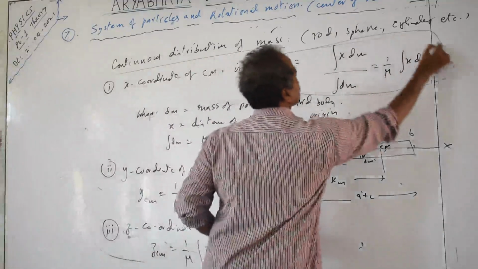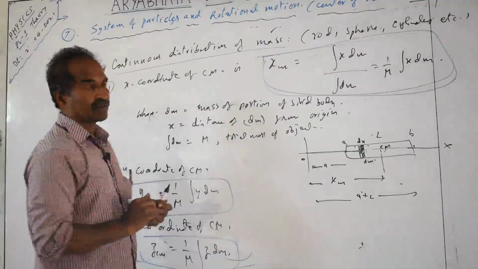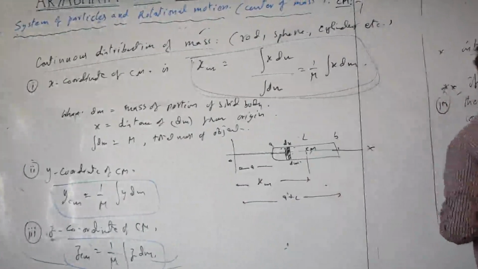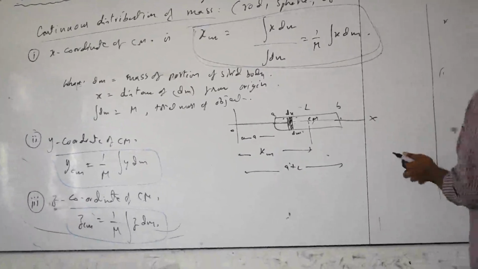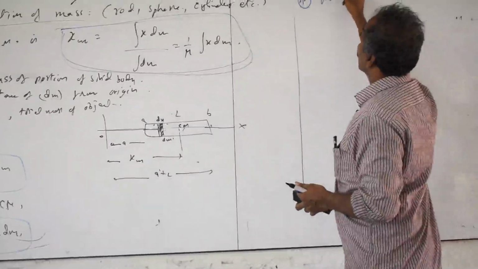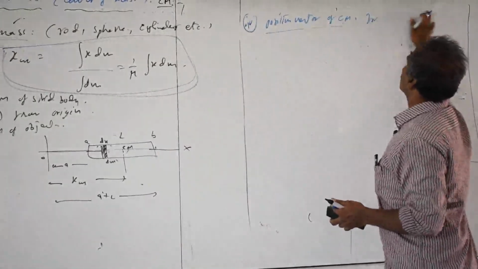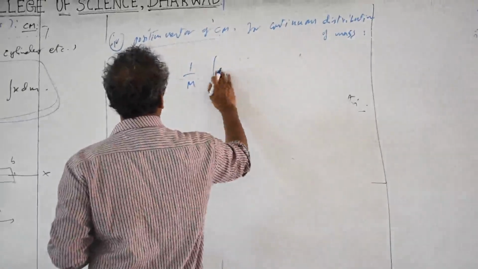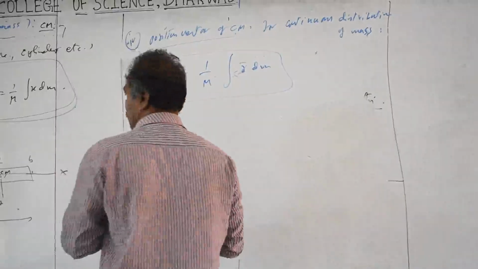One more formula is there, that is the position vector, which we can also take. The position vector of the center of mass for a continuous distribution of mass is 1 by M, the total mass, times the integration of r dm. This formula you also need to remember. Only formula problems, for competitive exams.